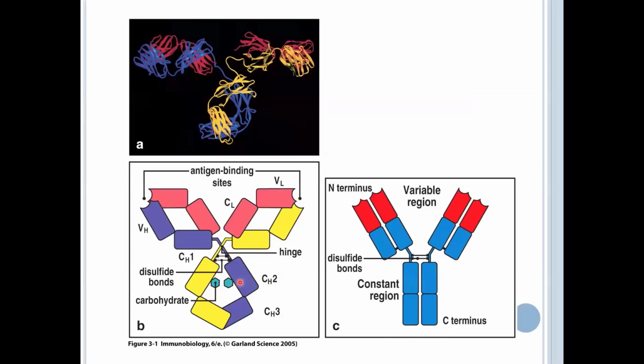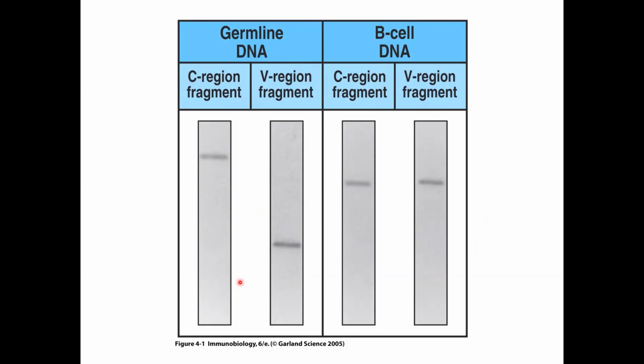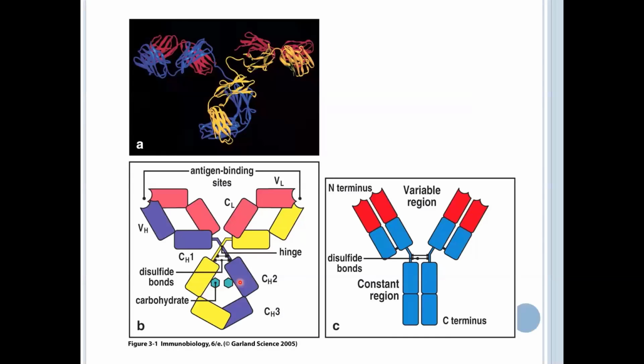And so what has come out of this is an understanding of what the antibody really is. And so this is structurally what it is. It is a dimer. So you always have two copies of what we call the heavy chain here. This is the heavy chain, with 4 blocks here, and the light chain.